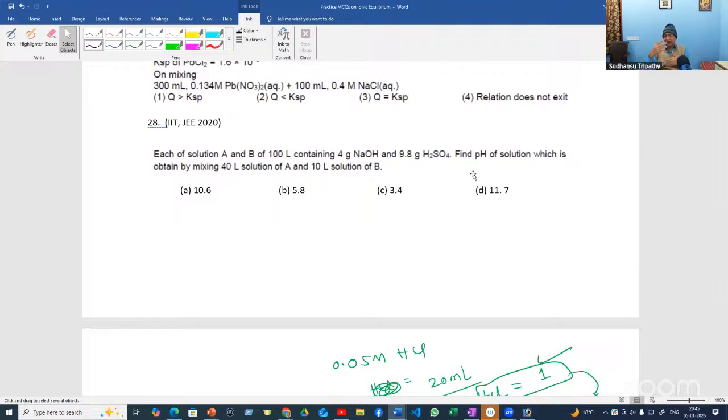But in the Henderson equation, you need not take the molar concentration, the volume term cancels, it's the ratio. Mole by mole, millimole by millimole will do.